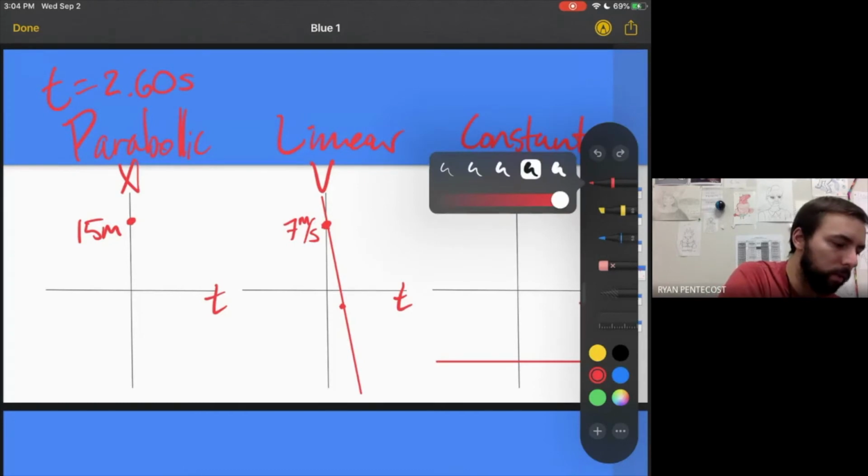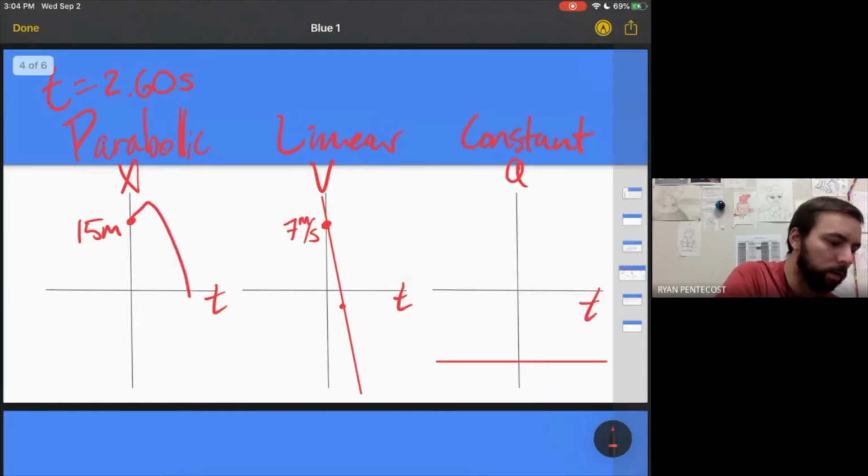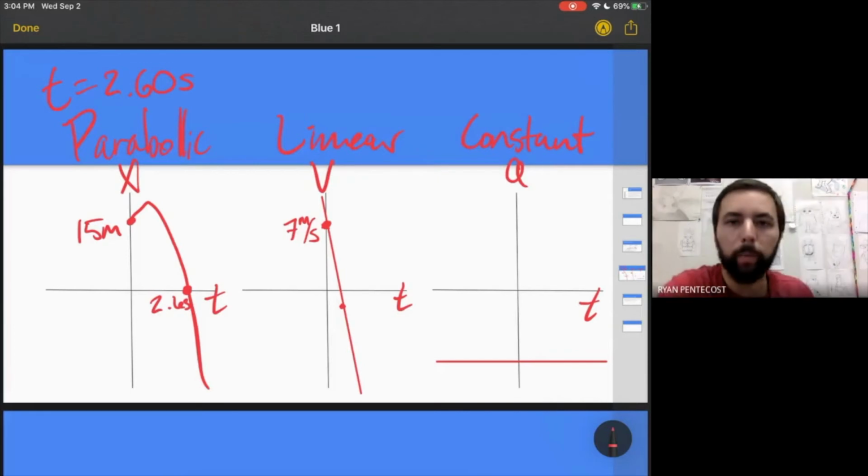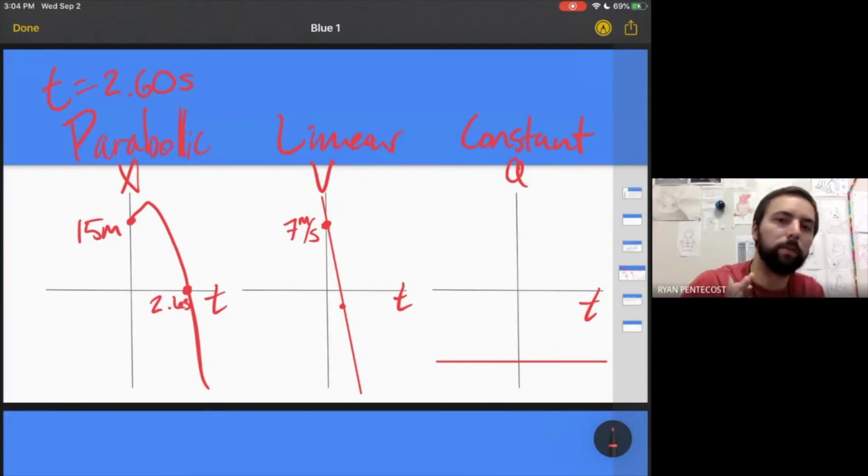Let's just say that whatever I draw is going to be 2.6 seconds. There we go. So it goes up, has that sloppy peak that I drew up there, but it's going to start with an initial velocity and then come right back down. So two different ways that we can show that, but they're both going to be a parabolic downward curve because they are in free fall.